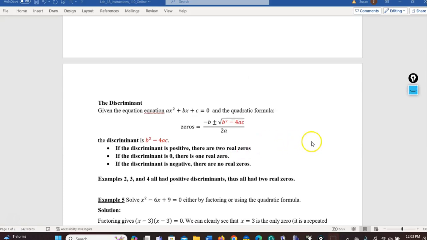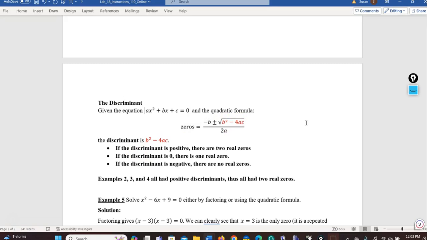Now, the discriminant, when you have the quadratic formula, it's repeated, so given this equation and this quadratic formula, the discriminant is the argument inside the square root. So it's b squared minus 4ac.